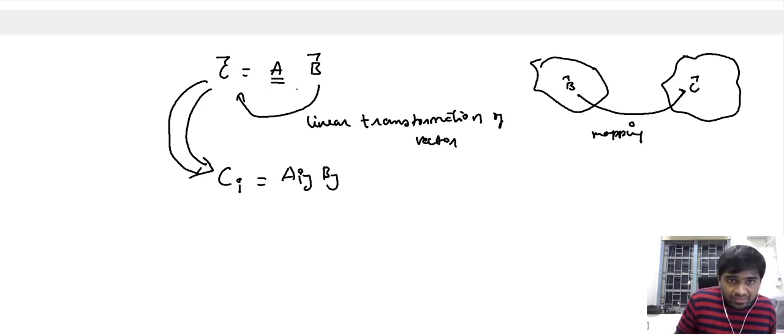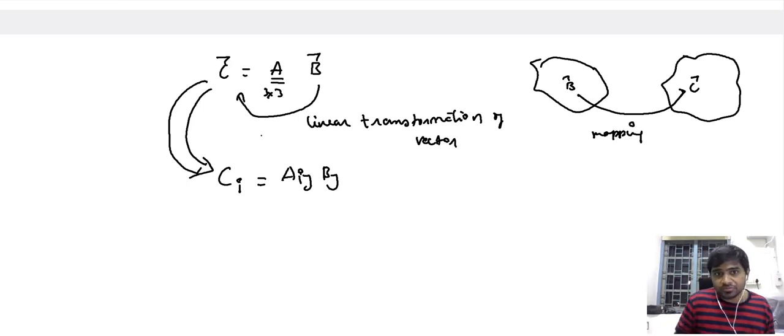This is the conventional way of writing this. So this is nothing but the C vector. When you represent it, it will be a column matrix. B vector is a column matrix. A is a 3 cross 3 matrix. So again, because we have considered 3 rows in this column, even in B we have considered 3 rows in a given column, therefore we have considered 3 cross 3.